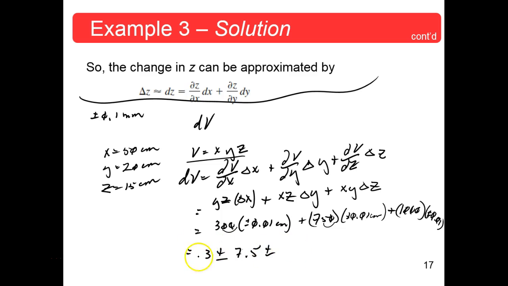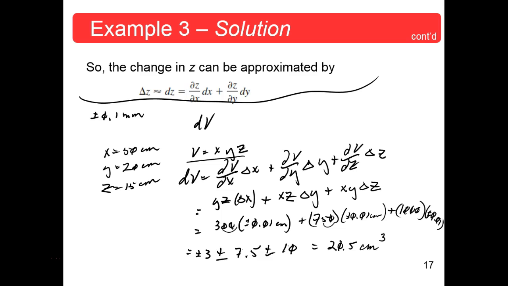Plus or minus 10. Okay? So, looks like to me that would be 20.5 cubic centimeters.